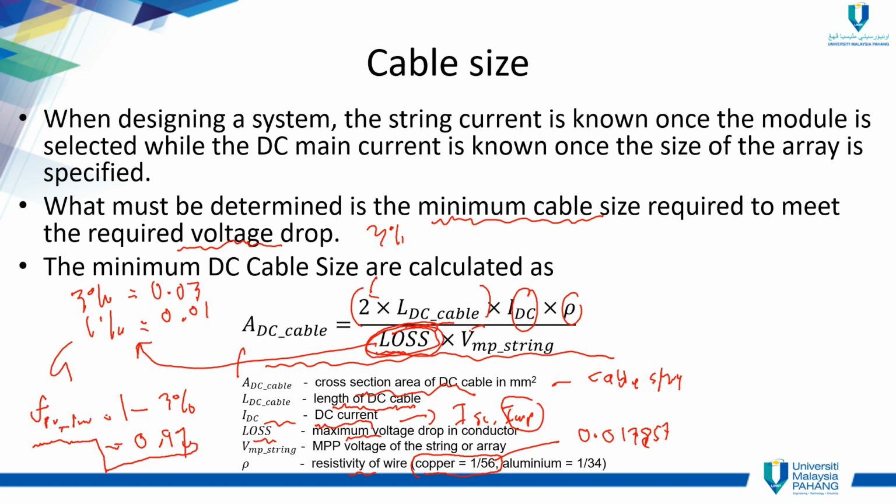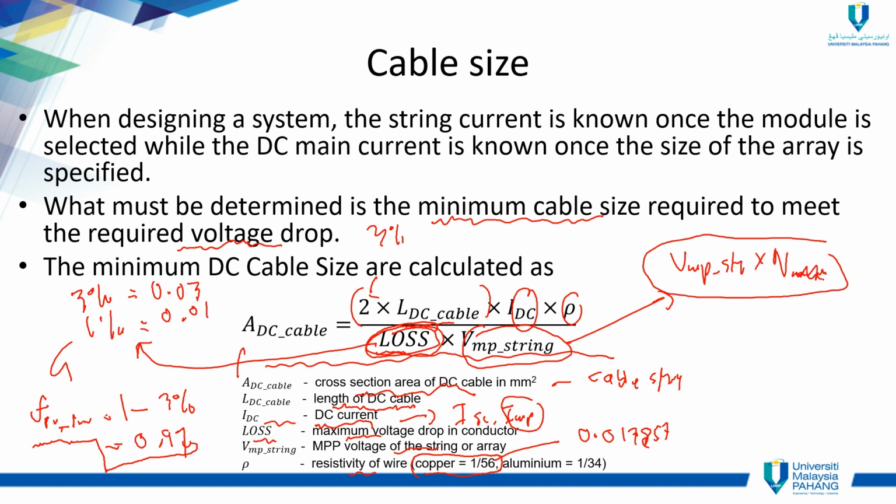Then we have the VMP string. Okay, what is the VMP string? You know already. It is the VMP STC multiplied with the N module in the string. For example, if one string we have 5 modules, and each module, for example, 20 volts.